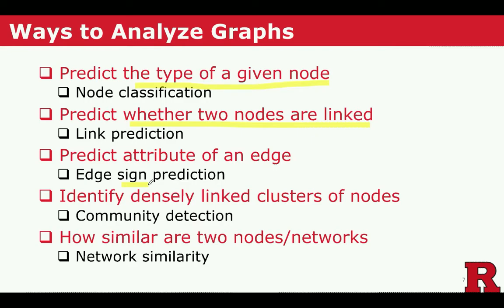And the positive sign basically represents supporting the candidate user, and negative sign represents opposing the candidate user. So when given two user nodes in an ordered way, you need to predict the sign of the edge. And this is the edge sign prediction task. You basically want to predict the attributes of an edge.